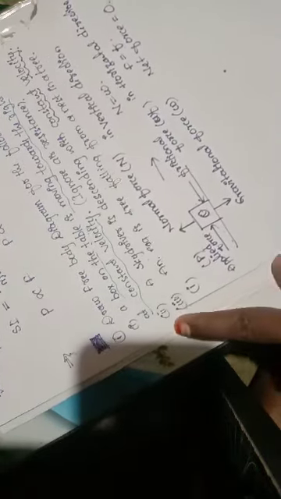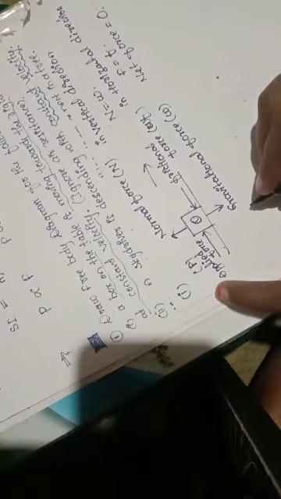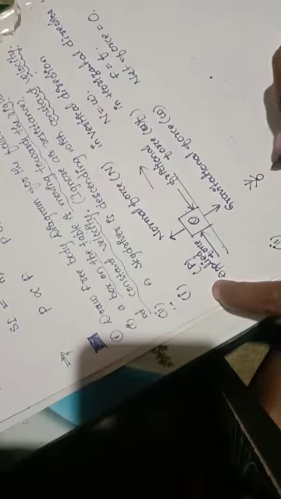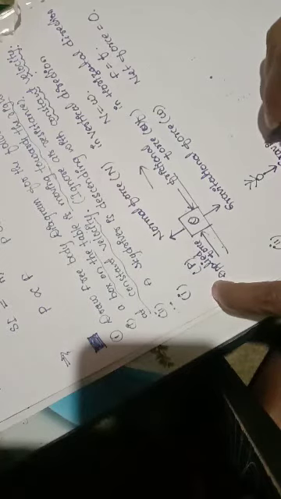Okay, so next, a skydiver descending with a constant velocity, means he is moving downwards with a constant velocity. Okay, so you know very well about skydiving. He is a person, he is coming towards the ground, right? So what is the force here? Gravitational force.